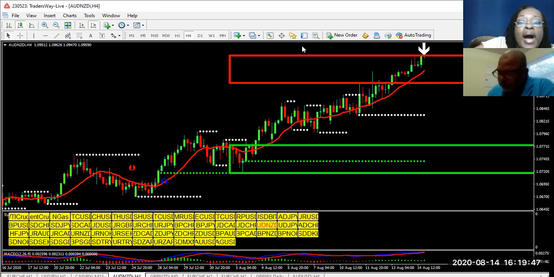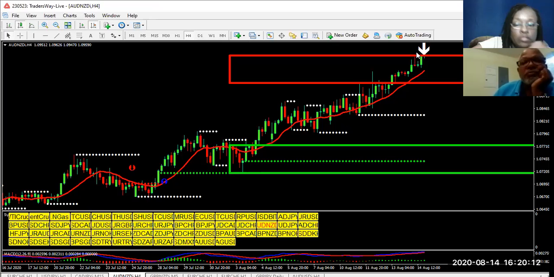Now you go to the 4 hour, and you're looking for the big arrow, and you're looking for price to be in the same zone. I'm not necessarily looking for 1 or 2 candles, none of that. I just want price to be in the same zone, and I want it to have the same trend.